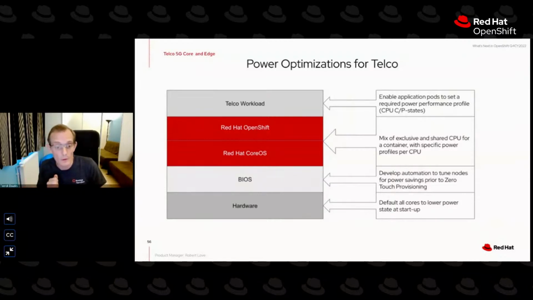Since some workload pods don't require the maximum performance CPU, it makes sense to allow them to use a lower power processor. Because of the RAN, the radio access network's gigantic scale, saving tens of watts or more per server is a huge overall saving.